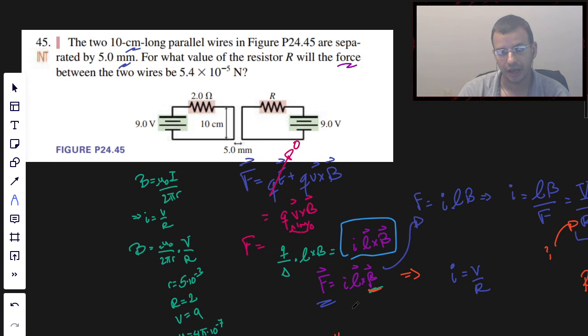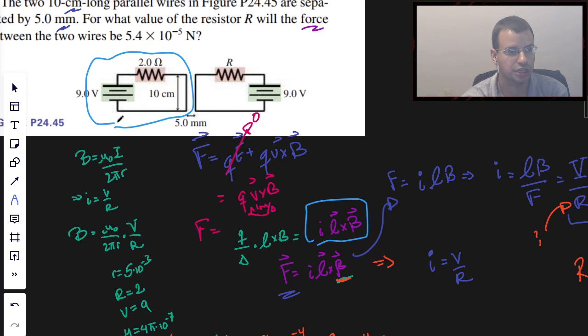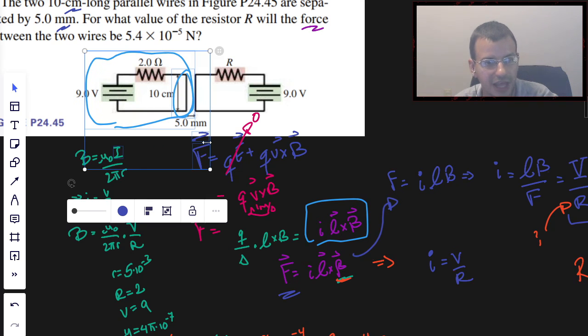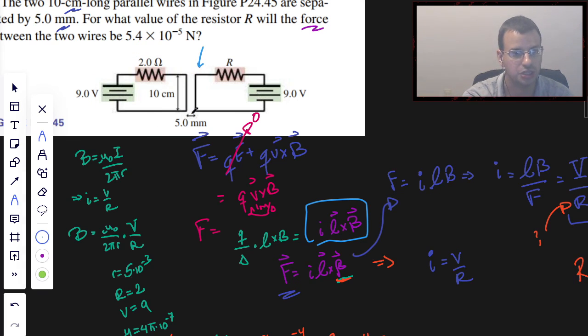And from there, it was like, well, okay, so what is B? B is the magnetic field created by the circuit on the left, specifically this wire. So we found the current going through the resistor, which is the current going through that wire. That current then creates the magnetic field. We want to know what that magnetic field is at the point of the other wire right here, which is 5 millimeters away.